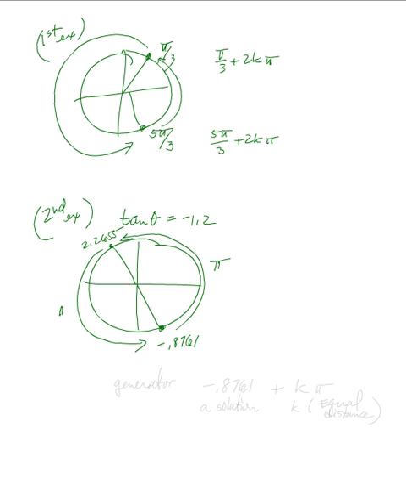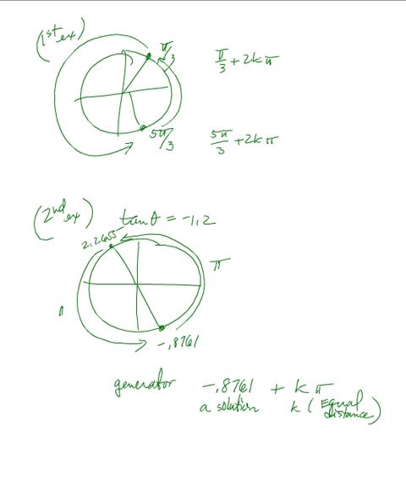And it doesn't matter which direction we go in, counterclockwise or clockwise, it's either positive pi or negative pi. That's why we use k as an integer. So the integers could be positive or negative. So again, the generator we got then was negative 0.8761. That's the A solution. Plus k times pi. So there's k times the distance, the equal distance.